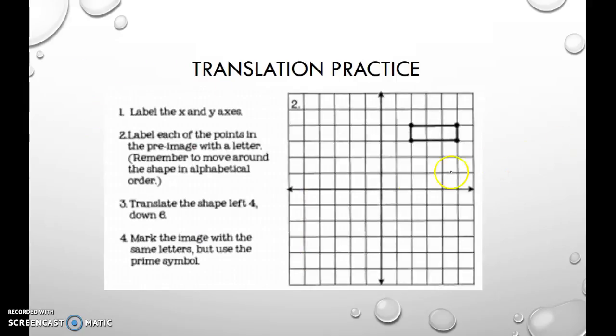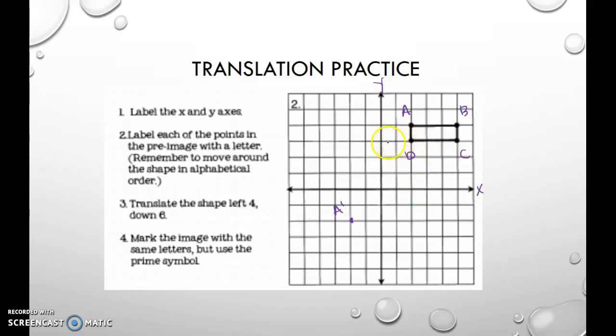Okay. One more example. We have x and y axes. We want to go left 4 and down 6. So again, if I call this A, B, C, D, left 4 would be 1, 2, 3, 4, and down 1, 2, 3, 4, 5, 6. Gives me my A prime.